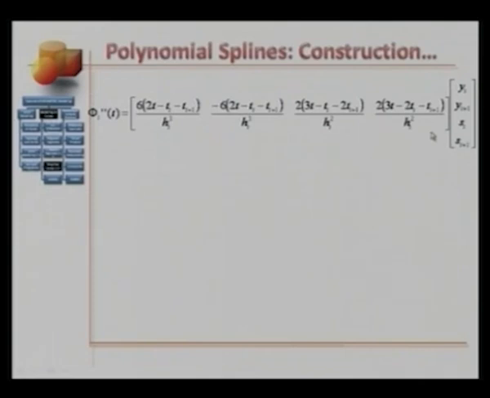This is your 1 by 4 row matrix multiplying this column vector here: yi, yi plus 1, si, and si plus 1.